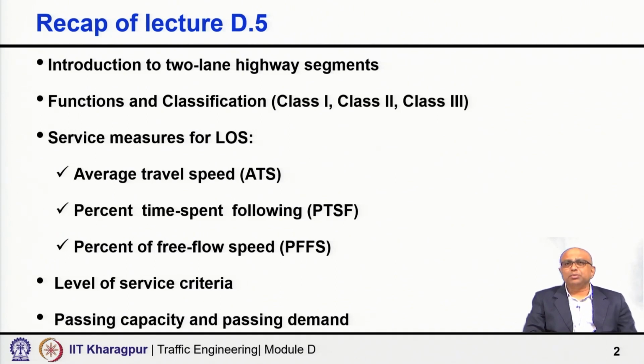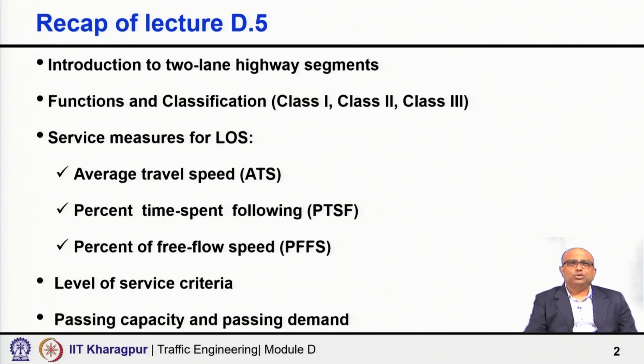The three service measures include average travel speed, percentage time spent following, and percent of free flow speed. Then the level of service criteria was discussed, and the role of passenger capacity and passenger demand in the context of level of service was highlighted.